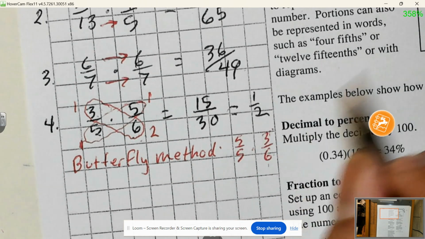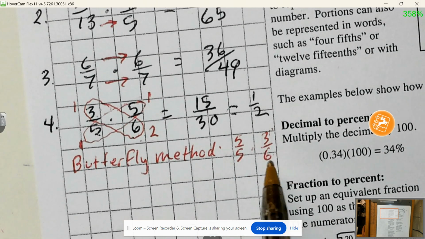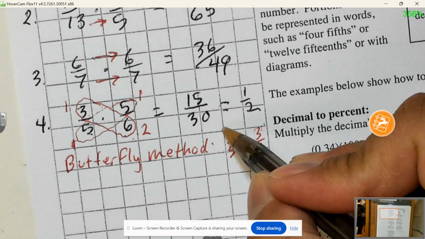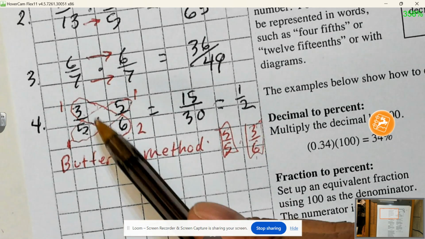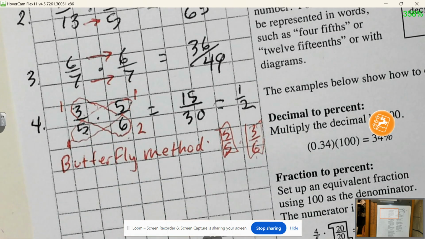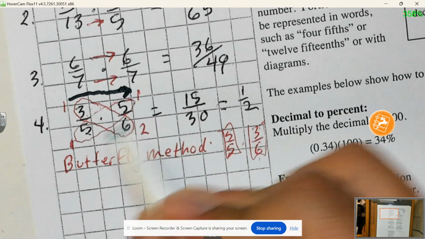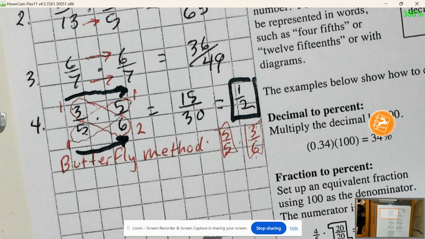So that's kind of the thinking behind the butterfly method: if I can just switch places with the numerators or the denominators, why don't I just reduce them? Instead of reducing this to 1 and reducing this to 1/2, let me just reduce them where they are. And that's a diagonal. Okay, so that's what allows us to do the butterfly method. So now we have 1 times 1 and 1 times 2, which gives us the answer of 1/2.